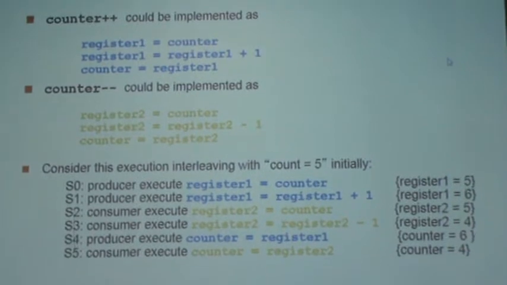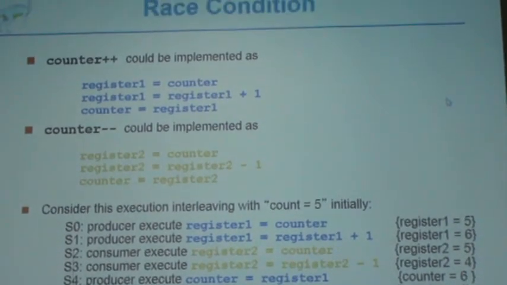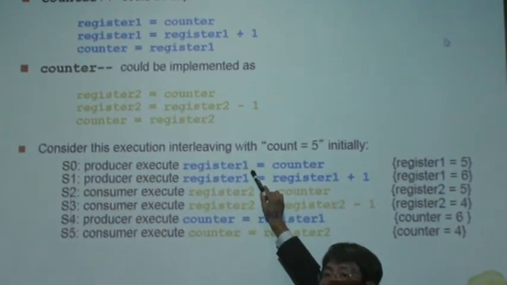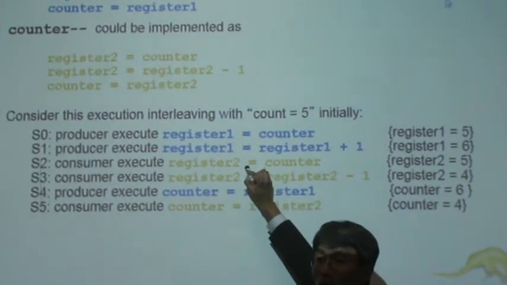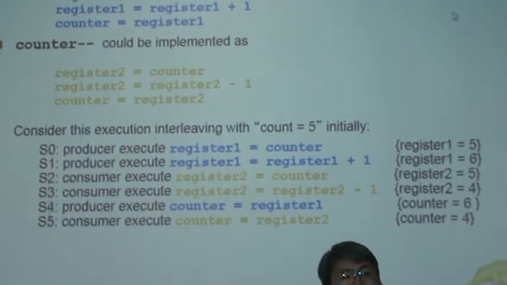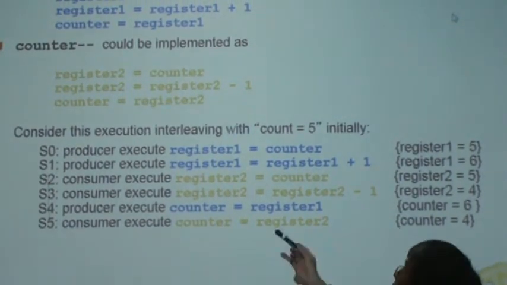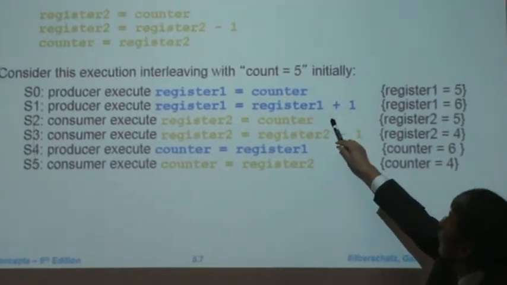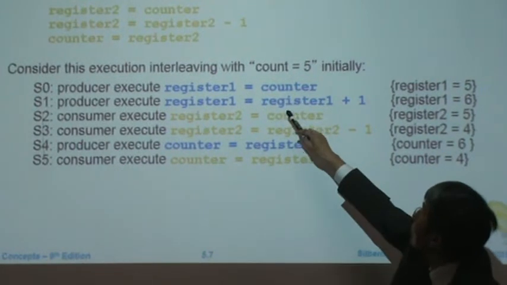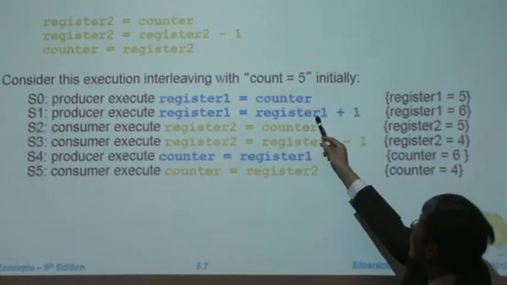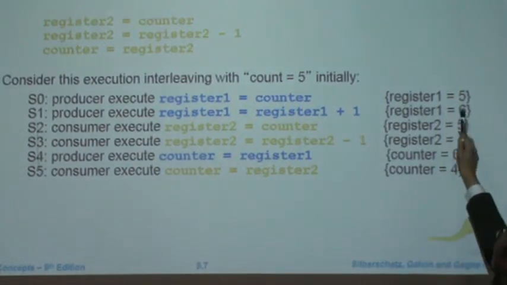Depending on the order of instruction operation, the output can vary. We cannot guarantee the output. For example, say count is equal to 5. Register 1 reads, as the producer, a 5. Register 1 increases the value, so register 1 is 6.